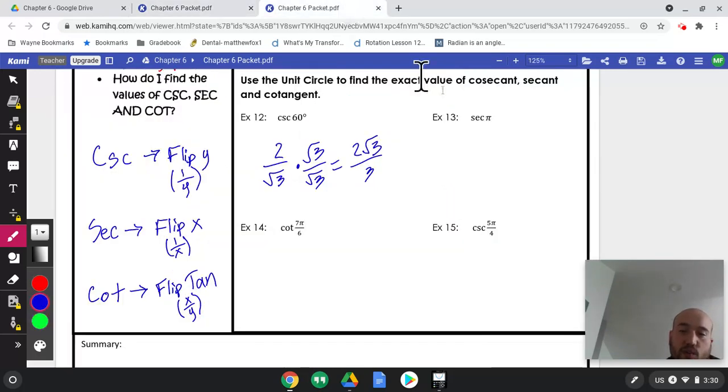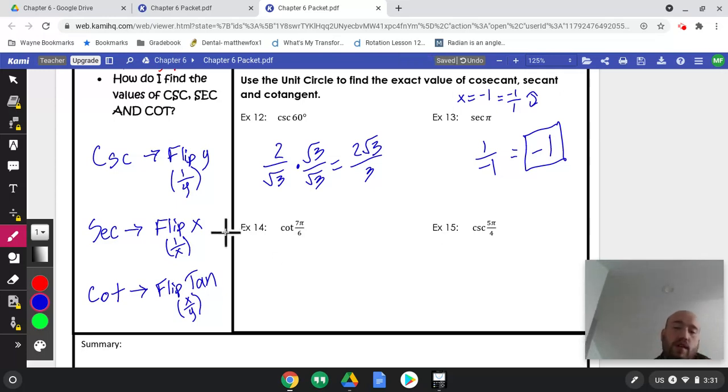If x equals negative 1, which is the same as negative 1 over 1, and we switch those, we still get the same answer, 1 over negative 1, which is just negative 1.